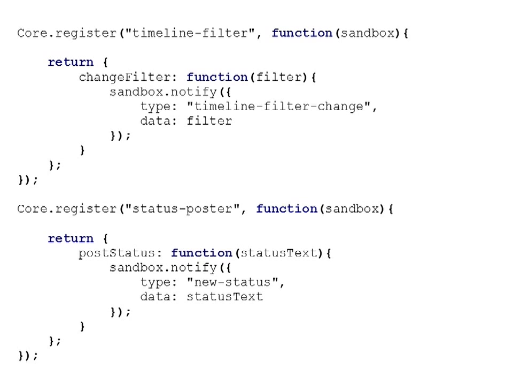So in this example, the sandbox is acting like a mediator. So both modules know about the sandbox, which is cool. In the timeline filter, when the filter changes, I call this sandbox.notify method, which is just basically saying, here's a new message.